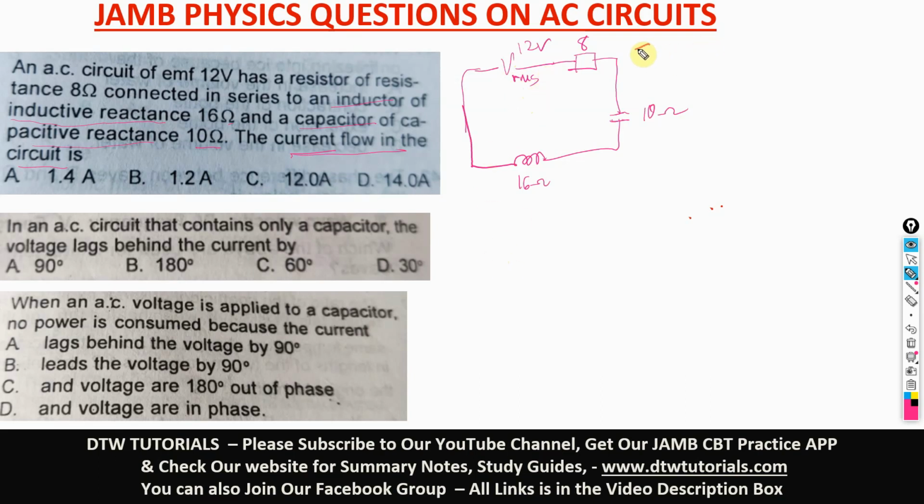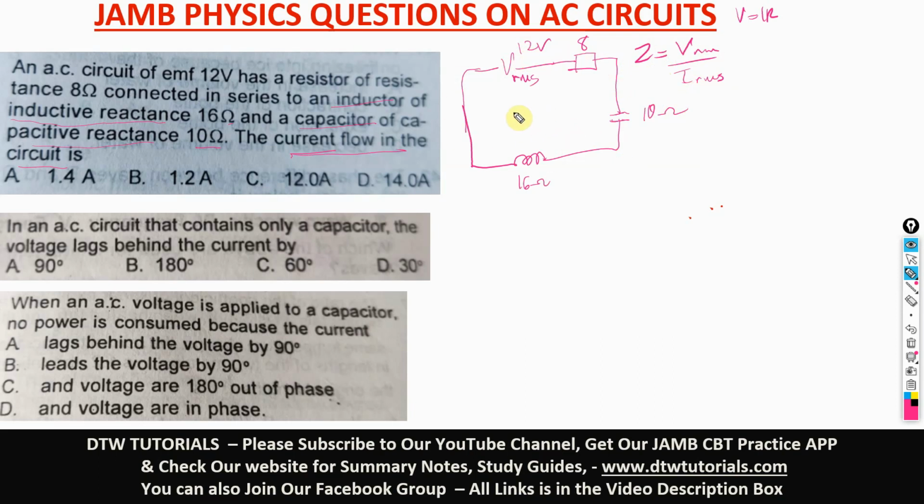So impedance, remember as I told you, V is equal to IR. Impedance is resistance plus reactance. Impedance is V RMS over I RMS. So we can find our IRMS if we know our impedance. We already know our VRMS as 12. So we have to first find impedance.